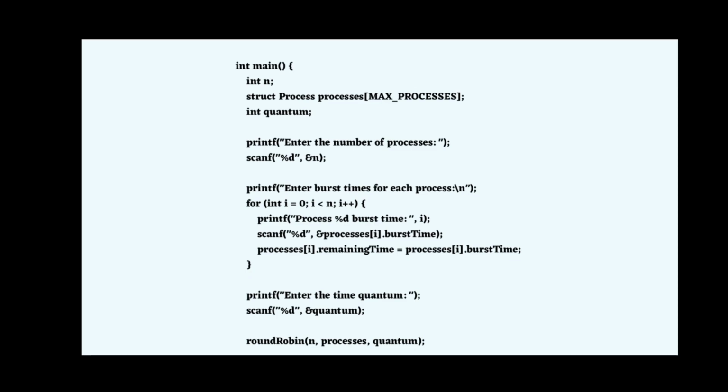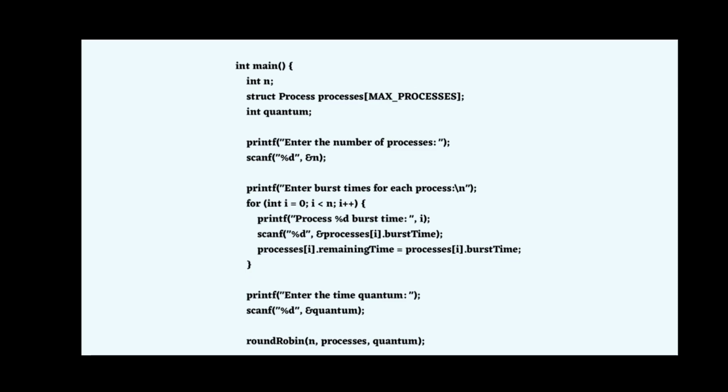Here this loop will accept the burst time for every process: scanf %d and &processes[i].burst_time, and processes[i].remaining_time is equal to processes[i].burst_time.